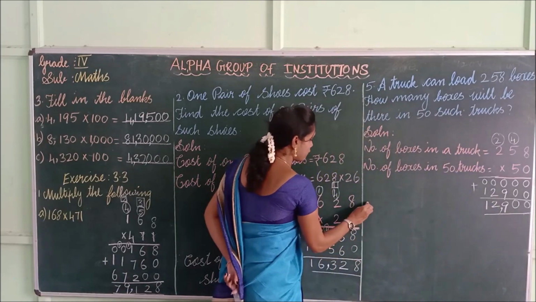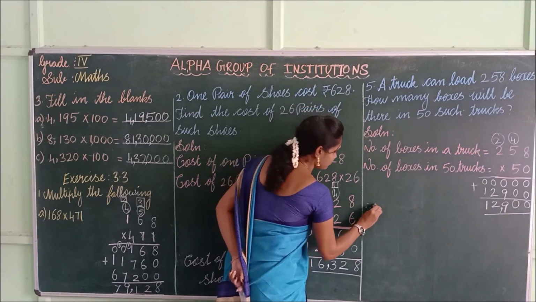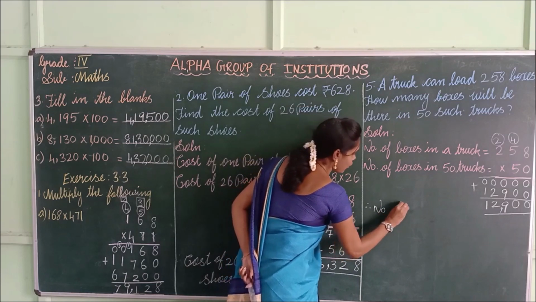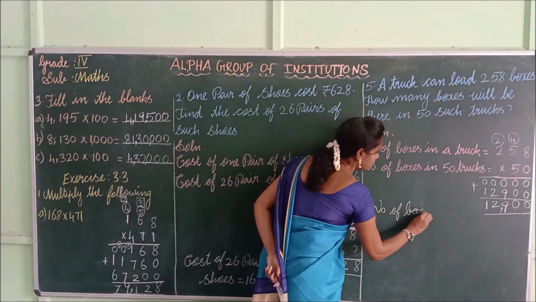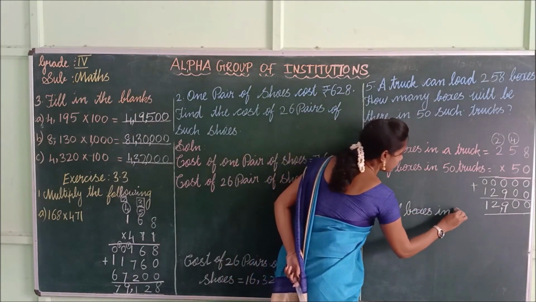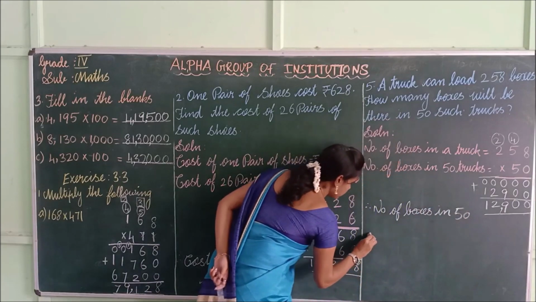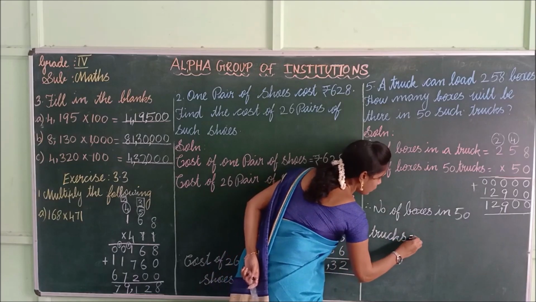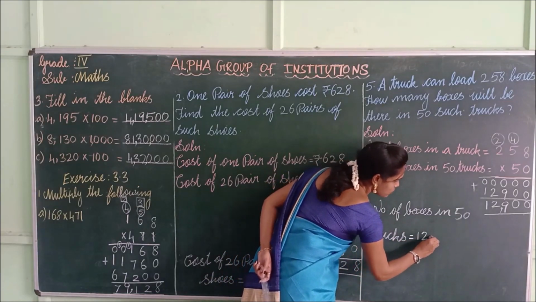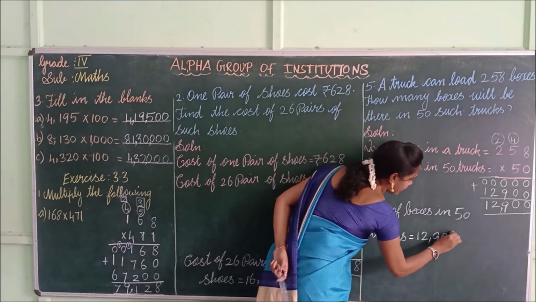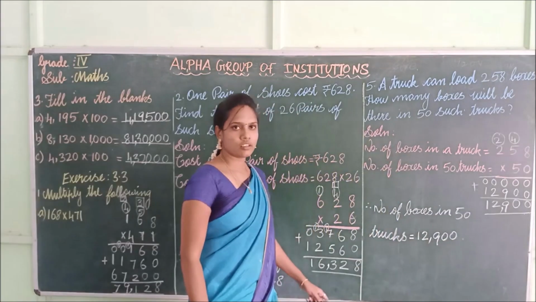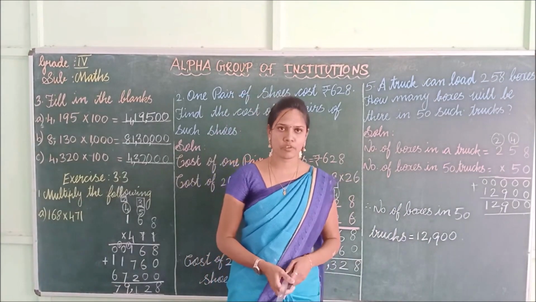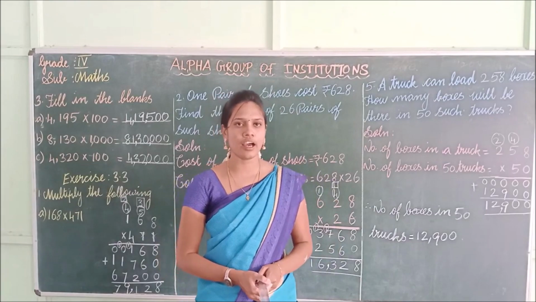So therefore, number of boxes in 50 trucks is equal to 12,900. Okay, children. So I'll give the assignment for you. You have to write it in your classwork.